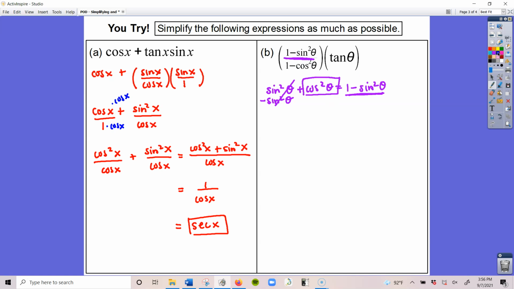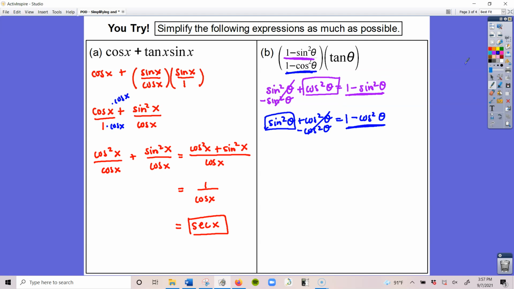Now the same thing goes with 1 minus cosine squared. This is my Pythagorean identity. If I subtract cosine squared to both sides, I get that 1 minus cosine squared is equal to sine squared.